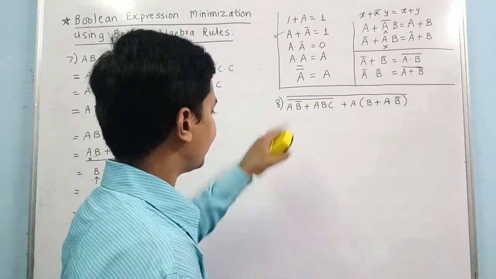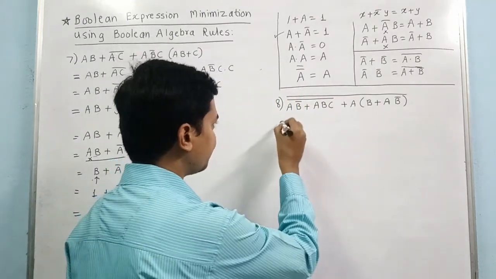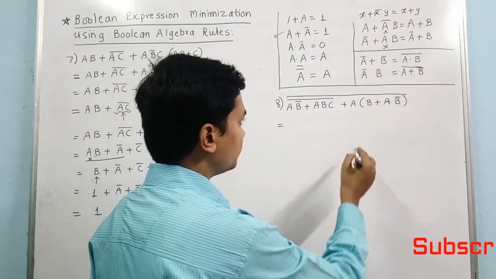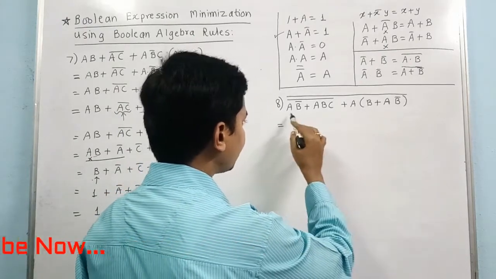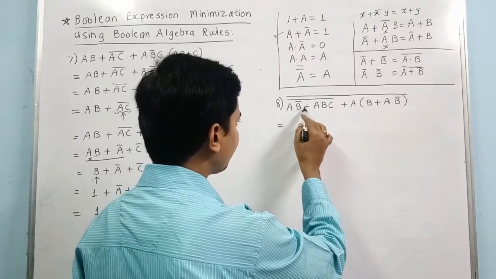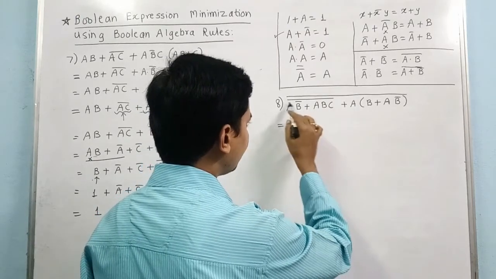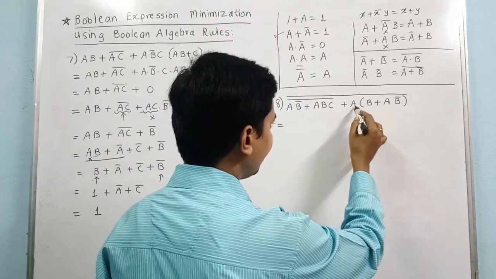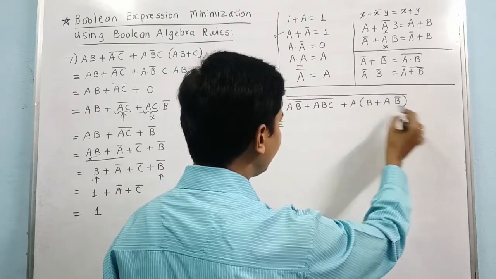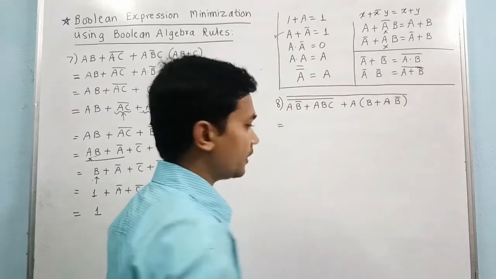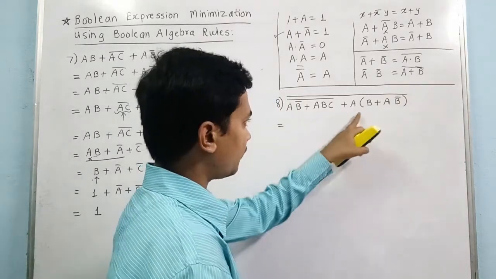Then the 8th example. In this example, I will read this: a into b bar plus abc bar plus a into bracket b plus a into b bar bracket complete, whole expression bar. So first of all we will solve this bracket.